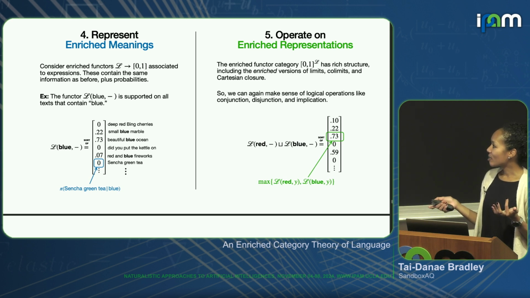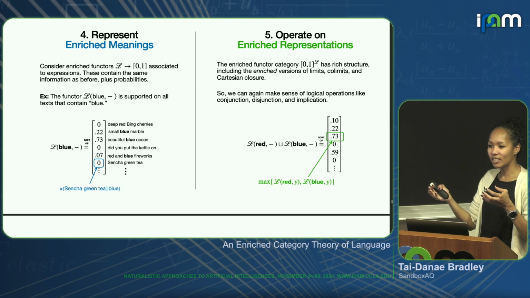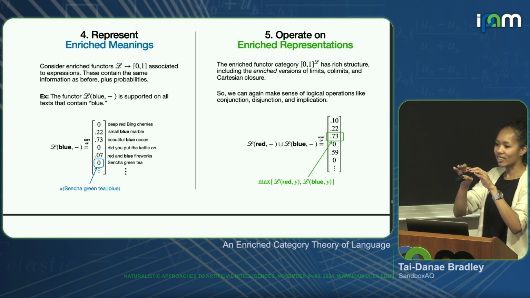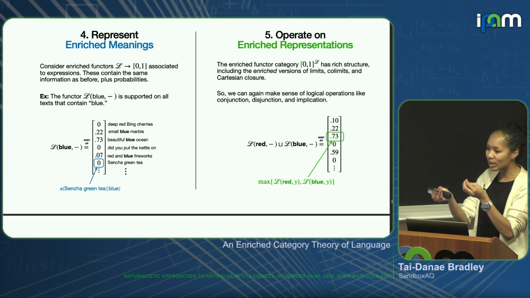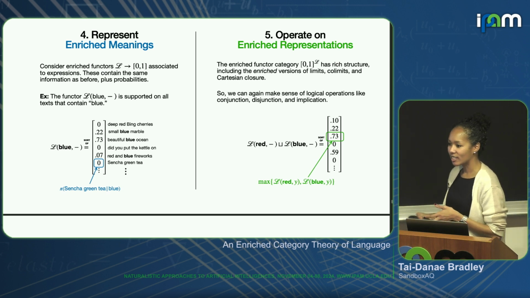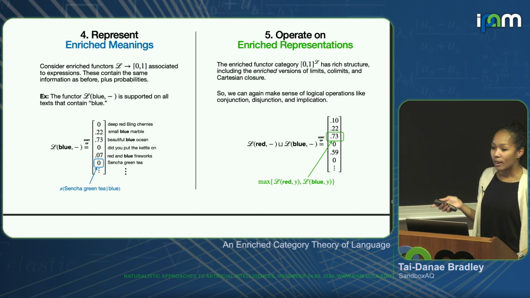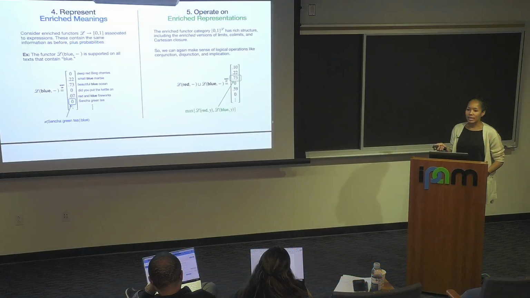The values that you get are the max of the value of the two functors individually. Why is it max? Well, it turns out that the coproduct, the disjoint union, in the unit interval is the maximum of two numbers. So you're computing this pointwise, and you're using the categorical structure in the unit interval. What about intersection then? Yeah, it's going to be the min.